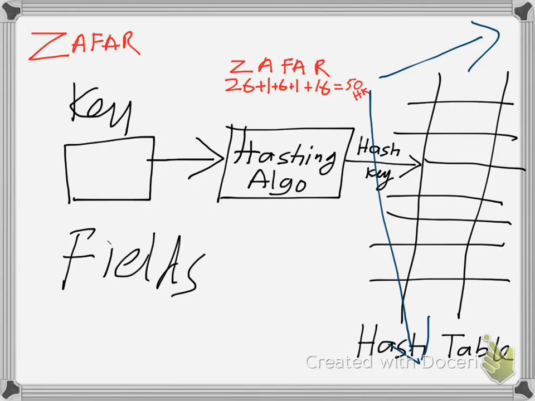So either we are going too much up or too much down, meaning we are beyond the limit of our hash table. That case is basically called redundancy. What do we call it? Redundancy. When the hash key is an address which is beyond the limit of the hash table, that is called redundancy.